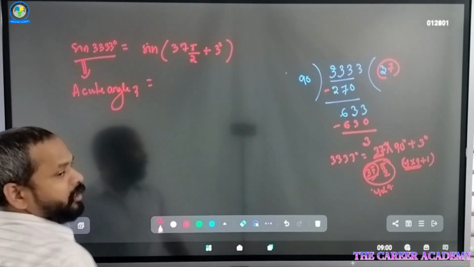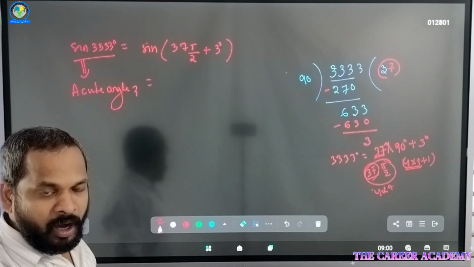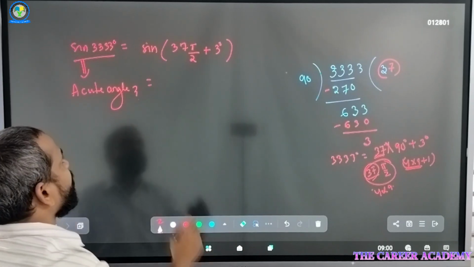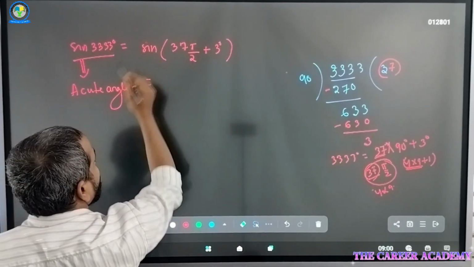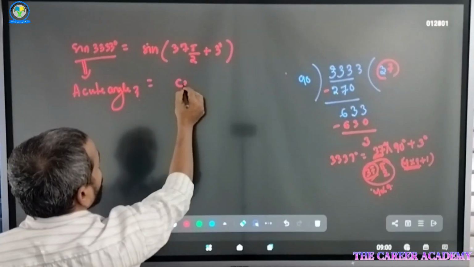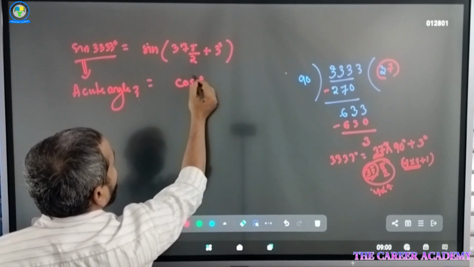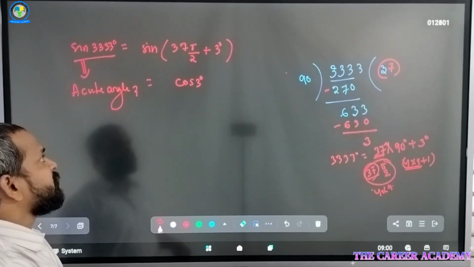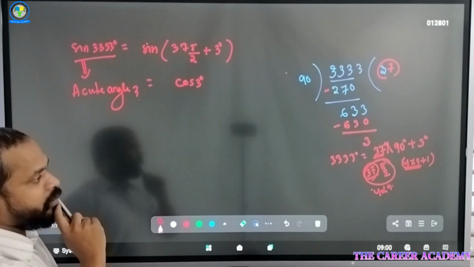Here, what I told you: if it is pi by 2 form, it can be changed. Sin changes into cos, so it becomes cos 3 degree. Clear, students? Now whether it is plus or minus, how can I know?